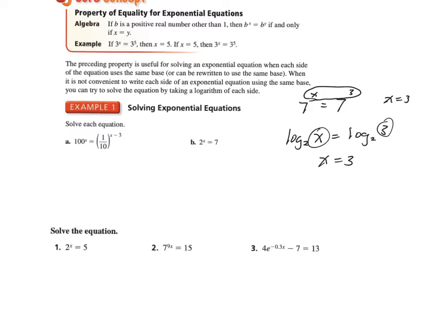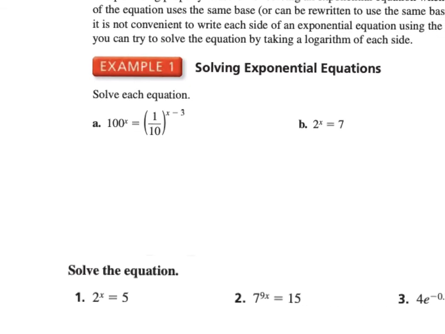So anyway, that's just a little bit of thinking that you need to have to go into this next problem. So example one. In example one, we're going to try to solve the exponential equation. In this case, we're going to try to express it as an equation to the same base. So what does that mean? Let me go ahead and make that bigger.